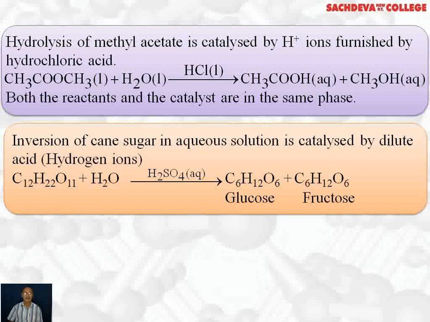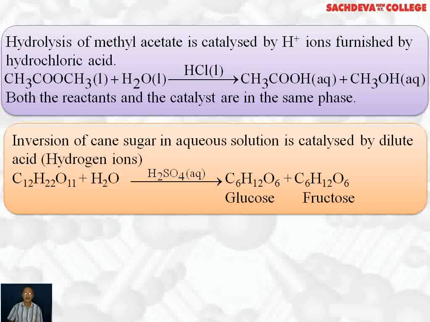Why is it called inversion of sugar? Because in this reaction dextrorotatory sucrose changes into a mixture of dextrorotatory glucose and levorotatory fructose, and levorotatory fructose has more optical rotation, so the mixture of glucose and fructose is levorotatory. That is why it is called inversion of sugar.